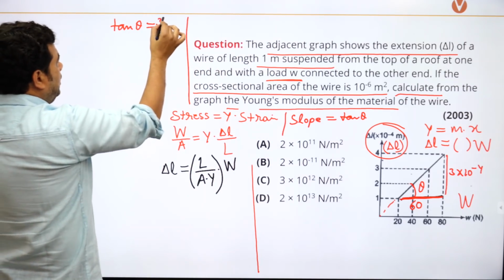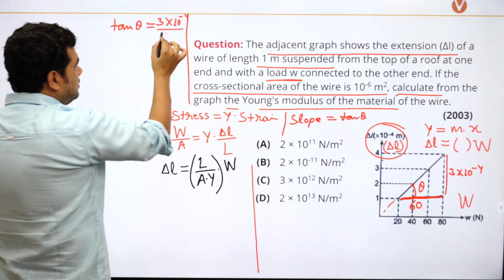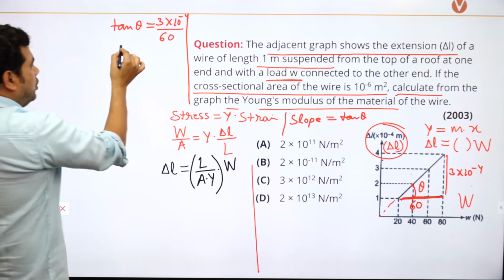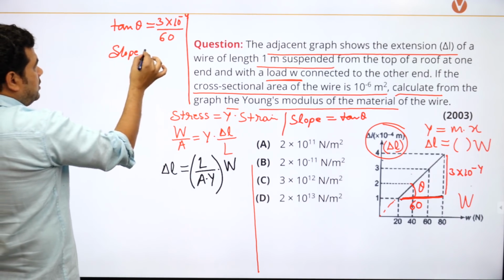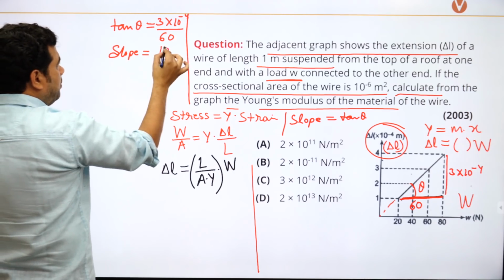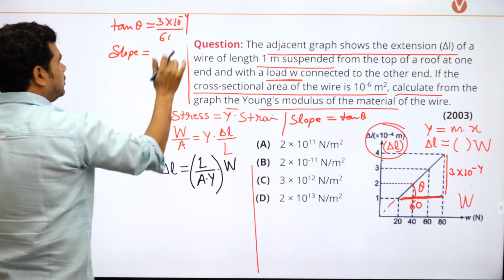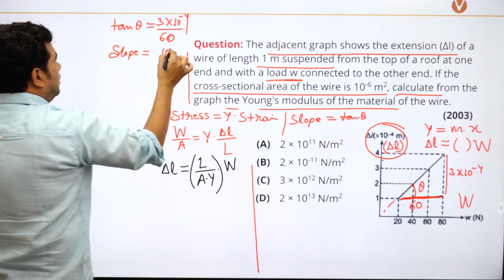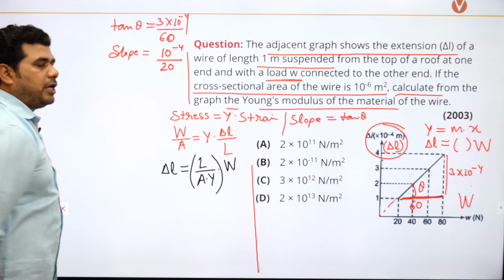Perpendicular is 3 into 10 to the power minus 4, and base is equal to 20. So slope is equal to 10 to the power minus 4 divided by 20.